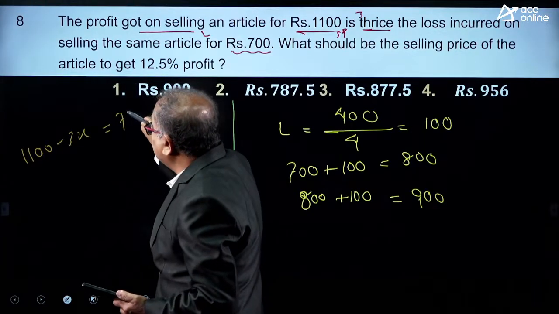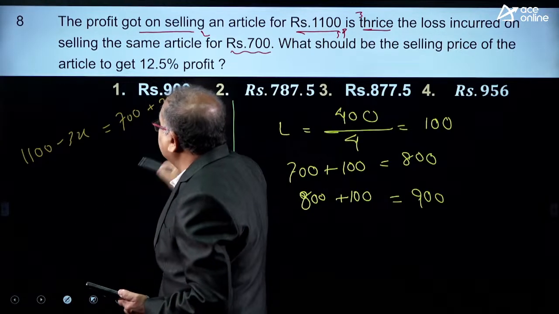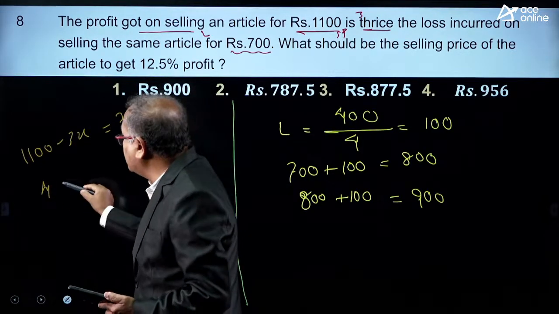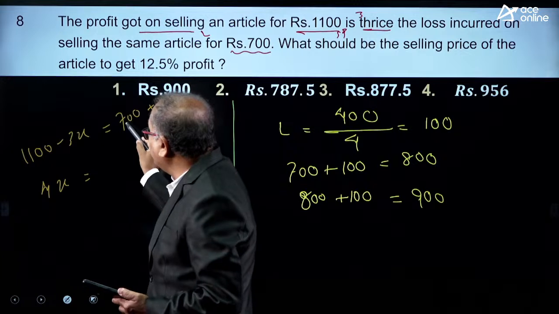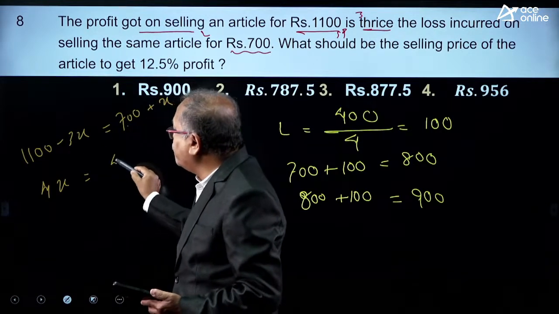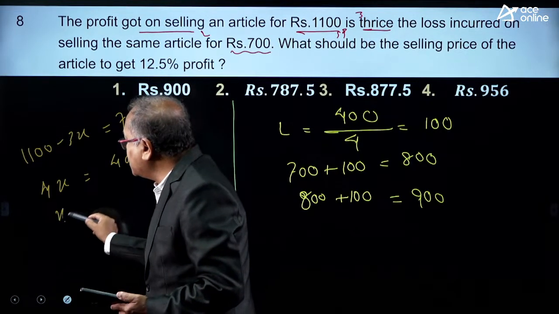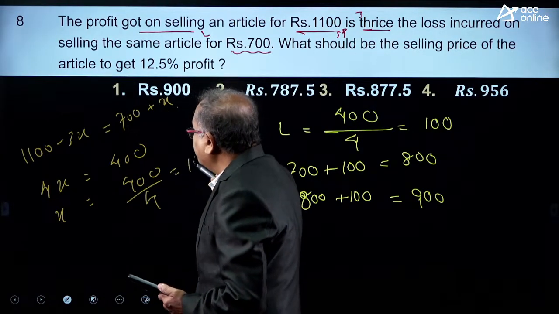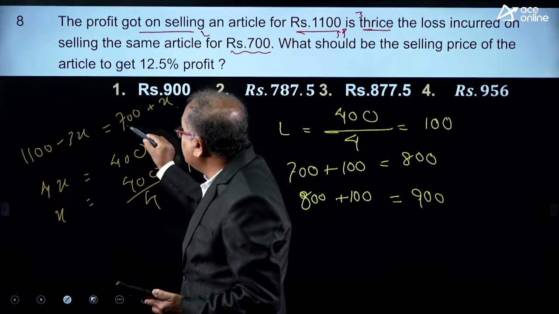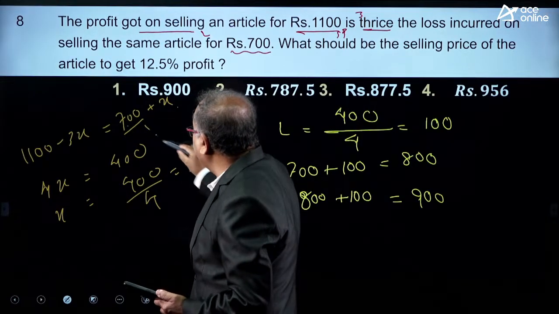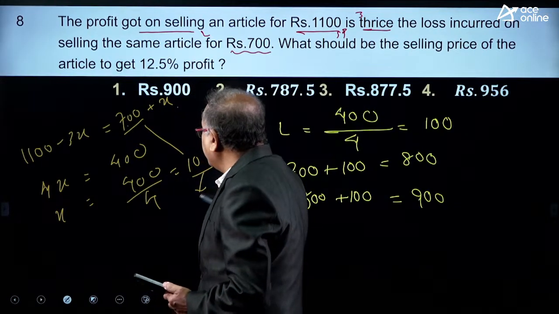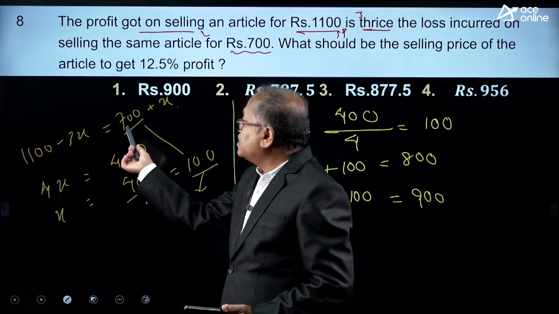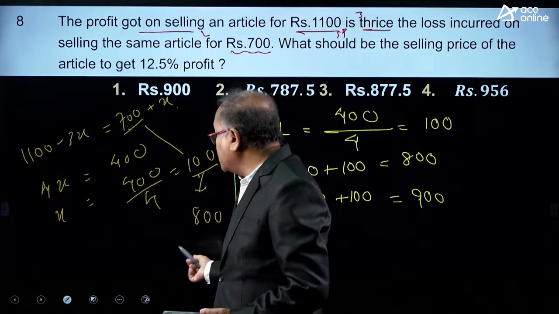So then comes 700 plus x. Bring this x over here, 3x plus x, that's 4x. 4x is equal to, bring this 700 over here, 400. Then what is x? What is the loss? Loss is 400 divided by 4, which is 100. If the loss is 100, in this case what is the cost price? 700 plus 100, and that comes to 800 is the cost price. That is selling price plus loss, cost price.